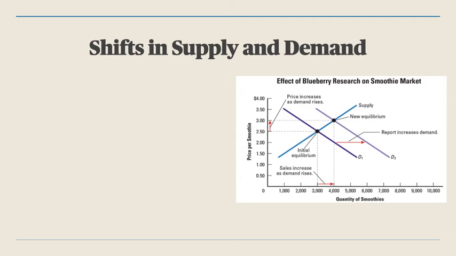Let's say that a new medical research comes out that shows that blueberries are a superfruit and they help you to live a healthier, longer life. And people are like, wow, that's amazing. Okay.